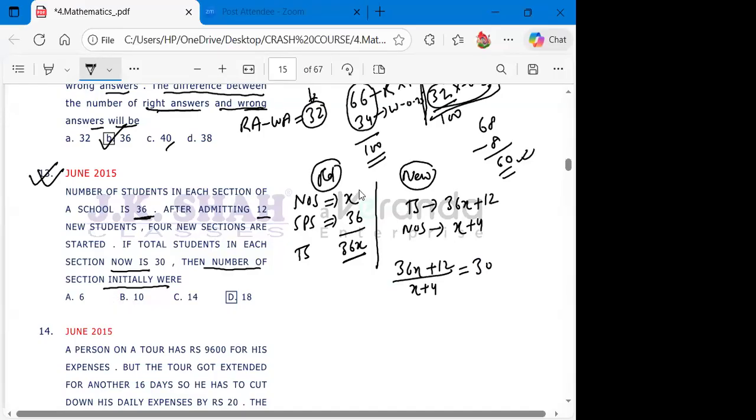I have assumed the number of sections initially as X. Let us solve. 36x plus 12 equals 30x plus 120. It will go to this side. 6x is equal to 108. X will be 18. Understood the language?